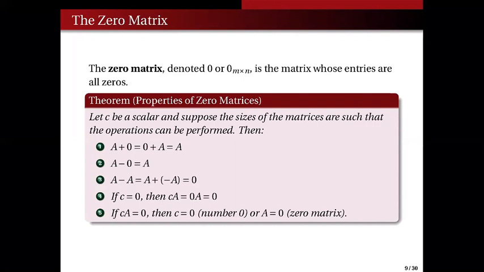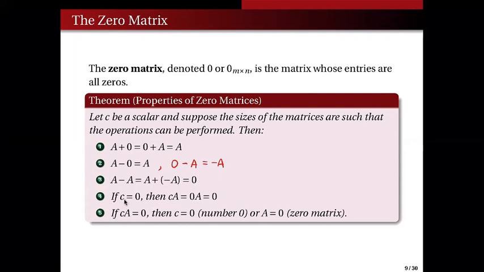So maybe I can include that here. 0 minus A, this is equal to negative A. So you negate all the entries of A. And then, of course, if you subtract A with itself, okay, you should get the zero matrix. So A minus A, this is defined as A plus the negative of A, that should give you 0. Okay?